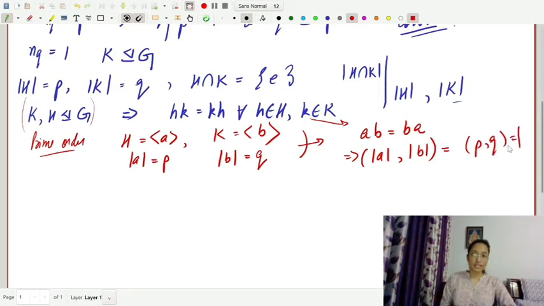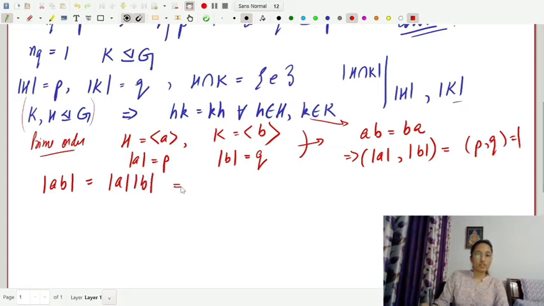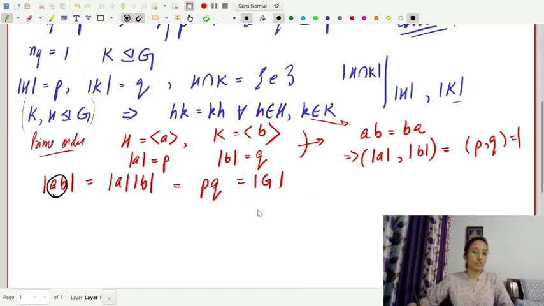And hence we have that order of AB is equal to order of A into order of B, which in turn implies PQ, which is equal to order of G. Hence we have got one element in group G whose order is equal to the order of G, which implies G is cyclic.